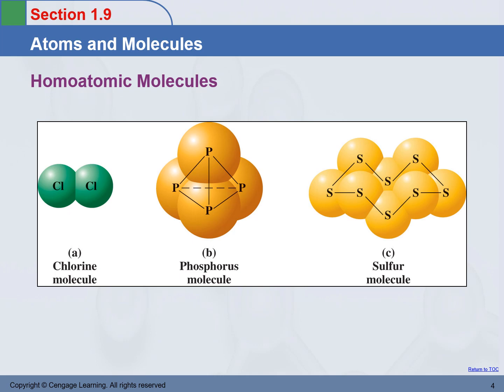This picture gives us 3 examples of homoatomic molecules. It shows us how the atoms in each case are connected within the molecule.